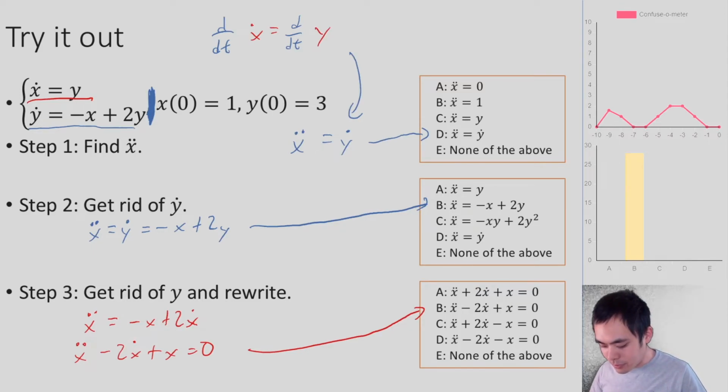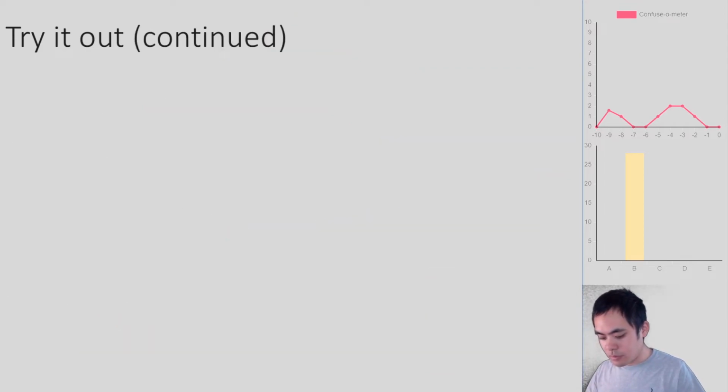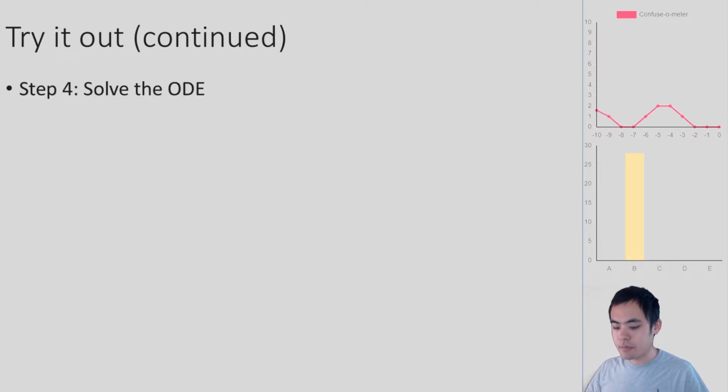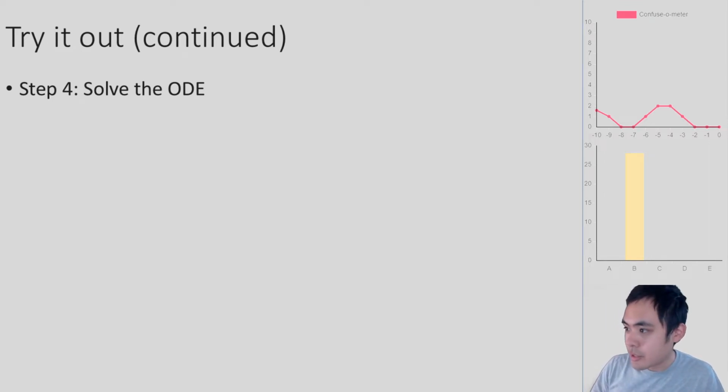So next step is we're going to try to solve for this ODE. We started with x double dot minus 2x dot plus x is equal to 0.